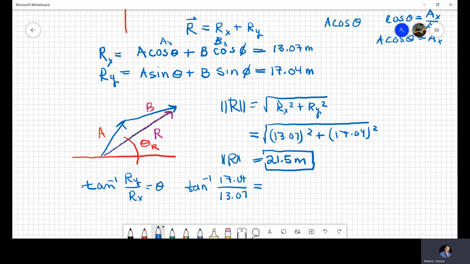The angle comes out to 53 degrees. So we have now answered what R is. R has a magnitude of 21.5 meters, and its angle is 53 degrees off the x-axis.